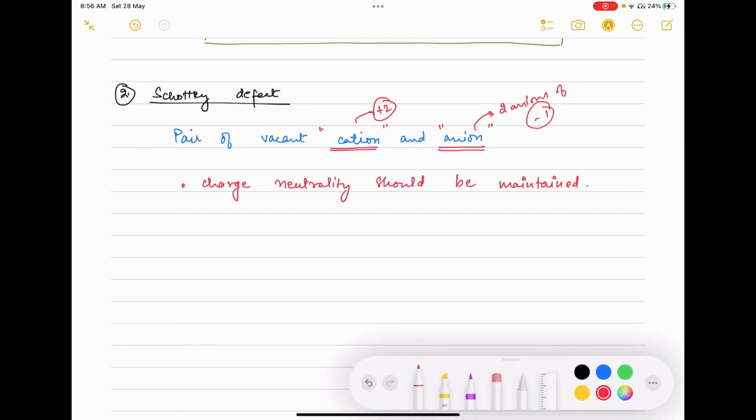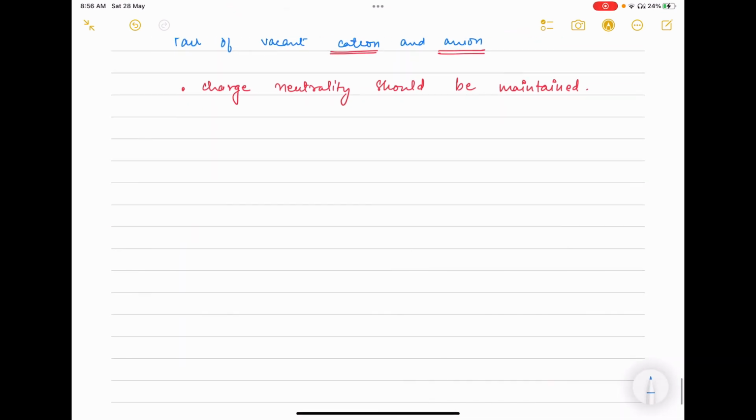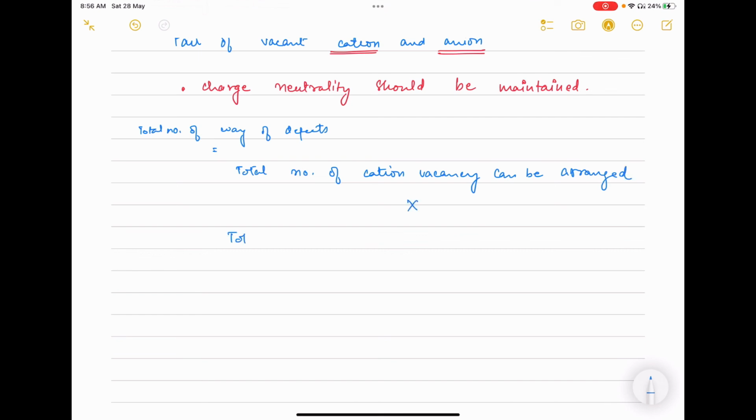So similar to the Frenkel defect, the total number of ways the defects can be arranged is the total number of ways a cation vacancy can be arranged, multiplied by the total number of ways an anion vacancy can be arranged.